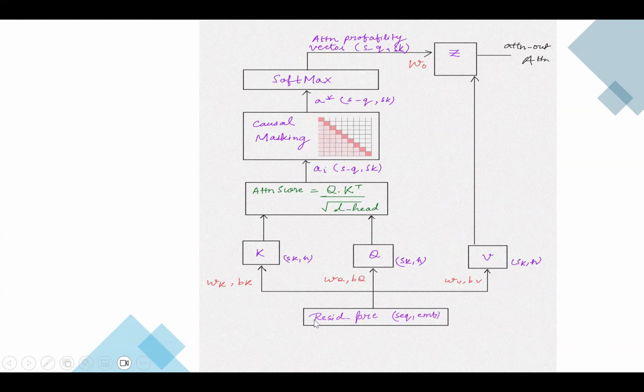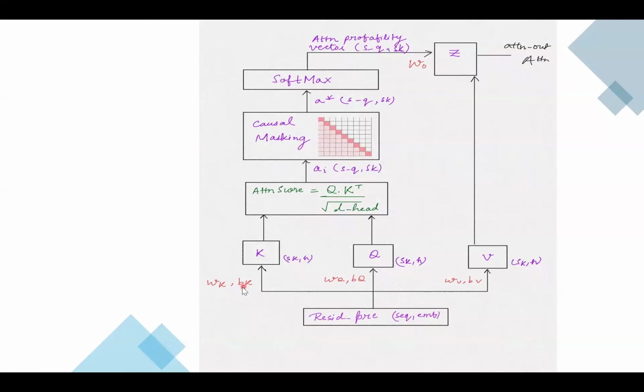So this resid_pre is basically the xi which I was talking about in the residual stream slide, right? This will be given to these three linear transformations. These red things are parameters of the model, which are learned by the model.